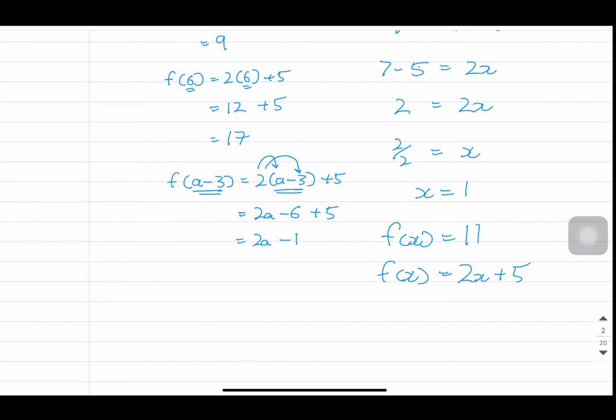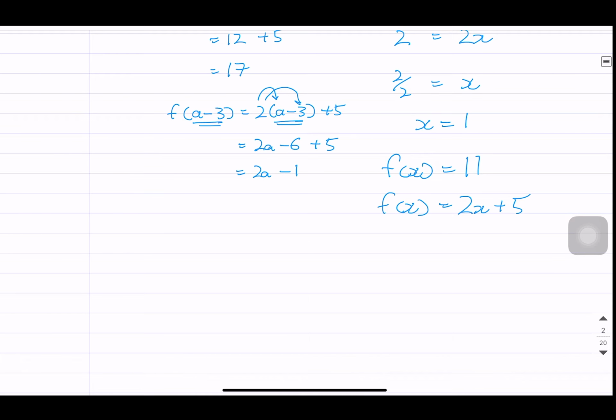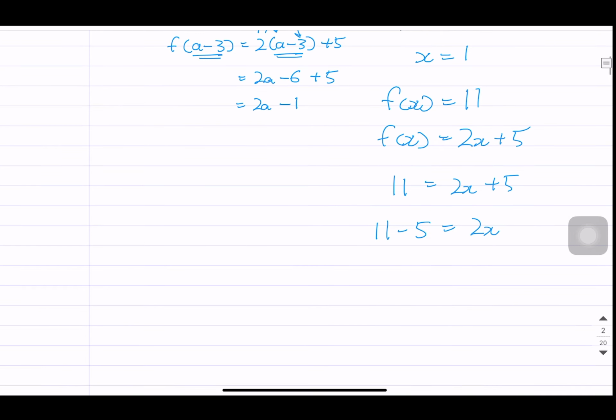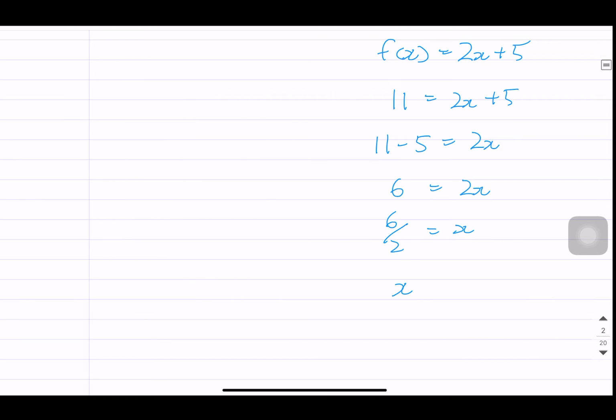Very good. So 11 equals 2x plus 5. All we have to do is 11 minus 5 equals 2x. 11 minus 5 is 6, so 6 equals 2x. Finally, 6 divided by 2 is equal to x, and therefore x equals 3.